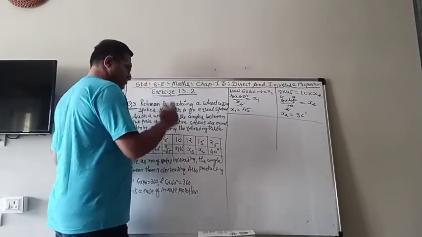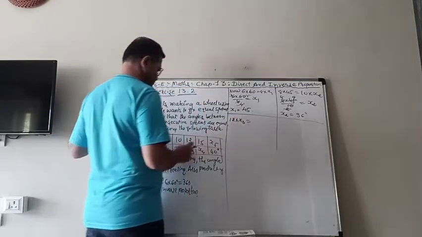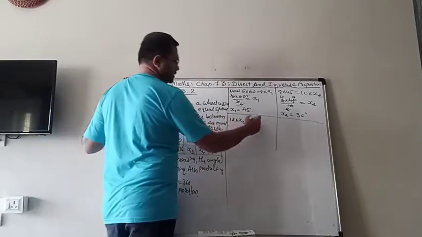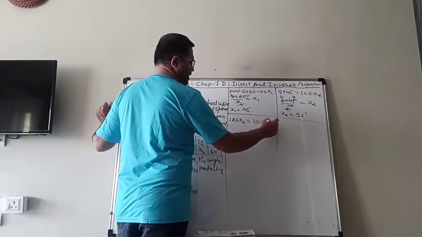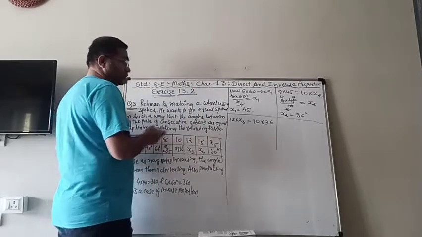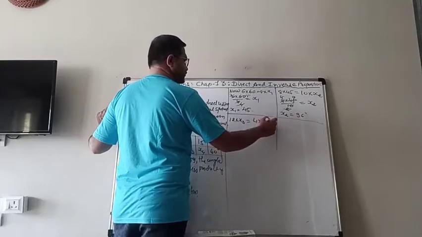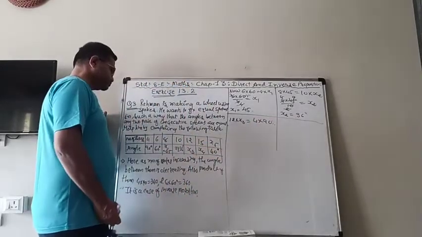Now you can take another two, that 12 multiplied by x3 is equal to 10 multiplied by 36. You can take any two. You can take this one, or you can take 4 multiplied by 90. Any one of them. We can take 4 multiplied by 90.